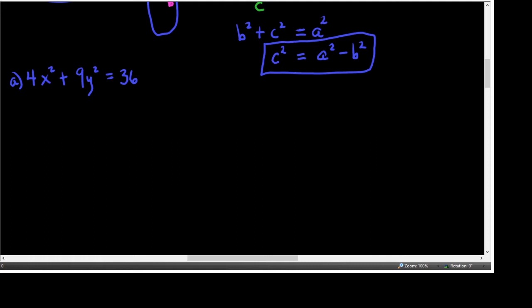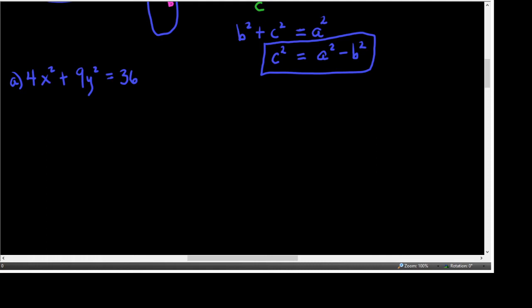For an ellipse, the coefficients of x squared and y squared will both be positive or both be negative. We, of course, would want to treat them as positives eventually, but it can start out as both negatives. But there'll be different numbers. Like here, the coefficient of x squared is 4 and the coefficient of y squared is 9. They have the same sign, they're both positive, and different numbers. That is an indicator that this is an ellipse.